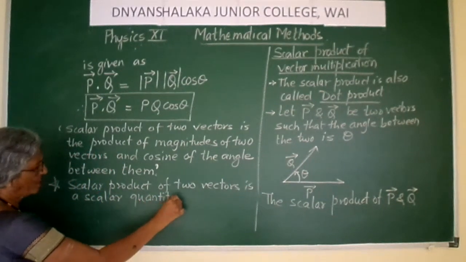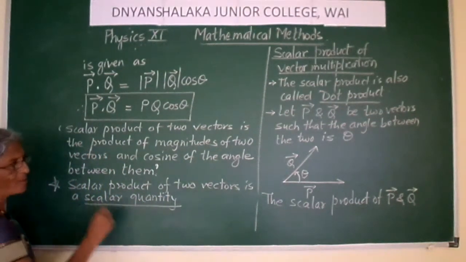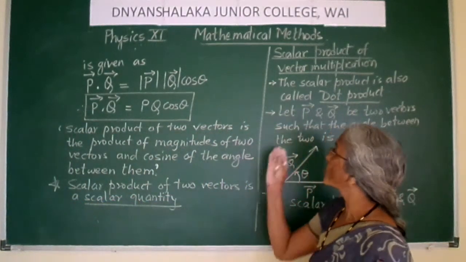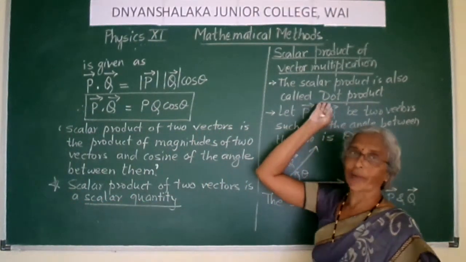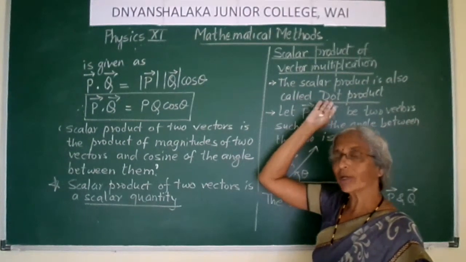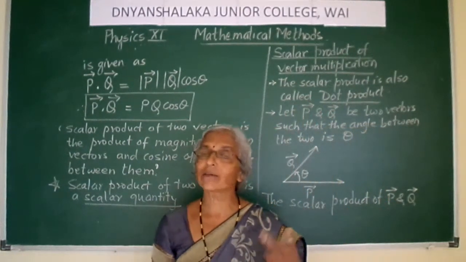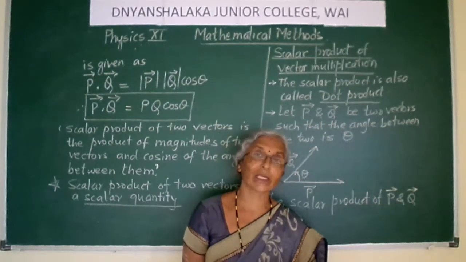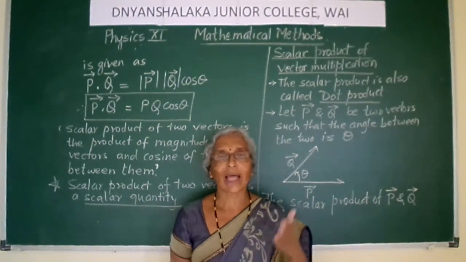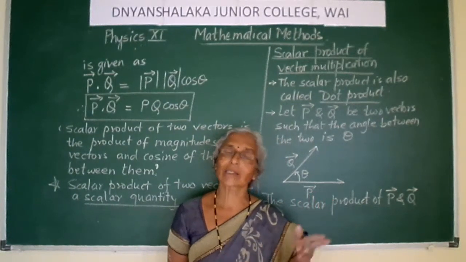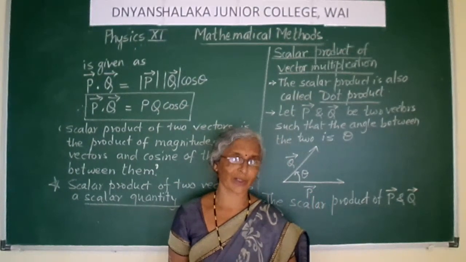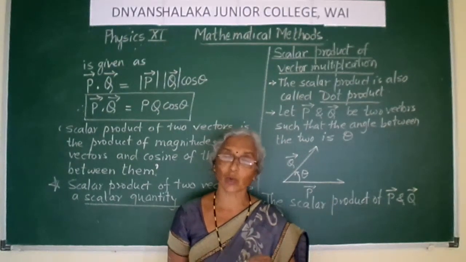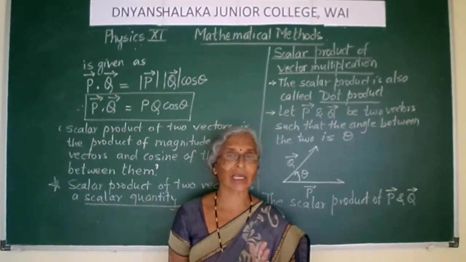So I call this a scalar product. I represent this multiplication by giving a dot between the two vectors, so this is also called a dot product. Are you getting it, students? So when two vectors are multiplied so that the new physical quantity obtained is a scalar, then that multiplication is called scalar product of two vectors. It is represented by putting a dot in between the two vectors to indicate the multiplication.